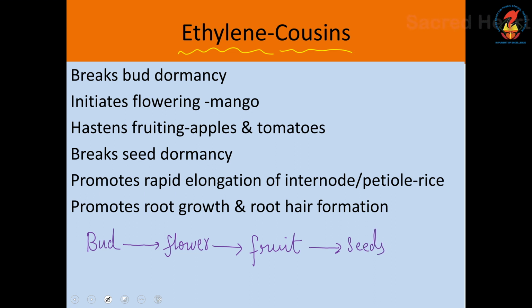Now the seeds fall on the ground or on the substratum and germinate. Usually when we start the life cycle of a plant, we start with the seeds falling on the ground, or we sow the seeds and then they germinate into the root system and shoot system. But the mnemonic here starts with the bud.